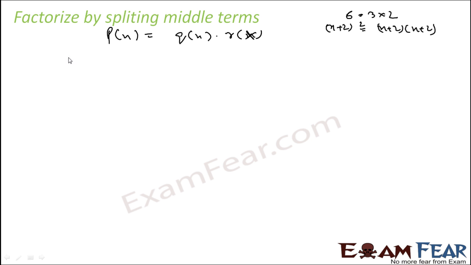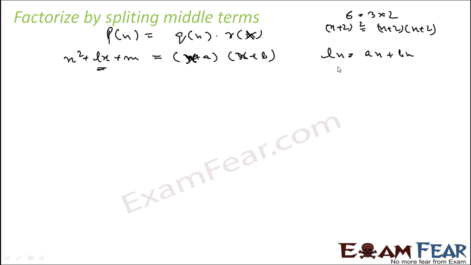So if we have something of the form x square plus lx plus m, I can actually factorize this. We can split lx and I can write this as x plus a into x plus b, where I'll split lx as ax plus bx and m will be equal to ab.